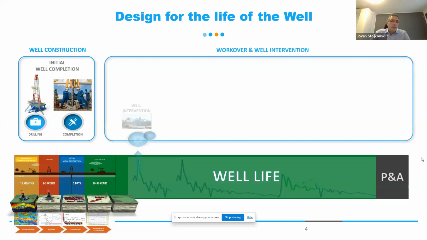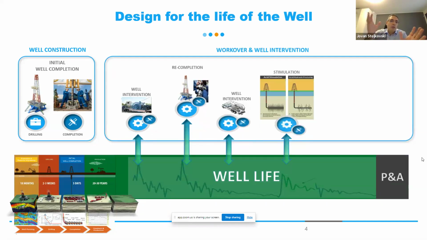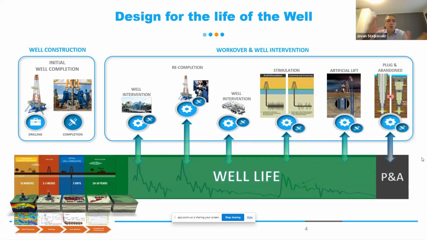The second phase of the well life I call the phase where we have a lot of workovers and well intervention. Depending on how many zones we will produce in the well life, we will have a lot of activities like well intervention, well recompletion, and again well intervention for, let's say, some logging and some coil tubing jobs.